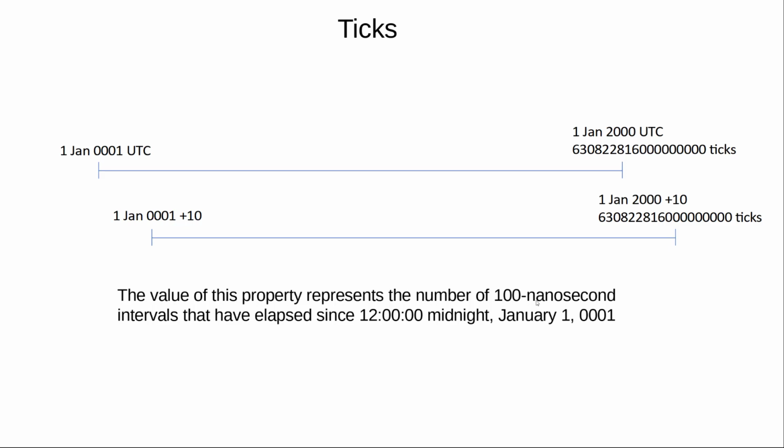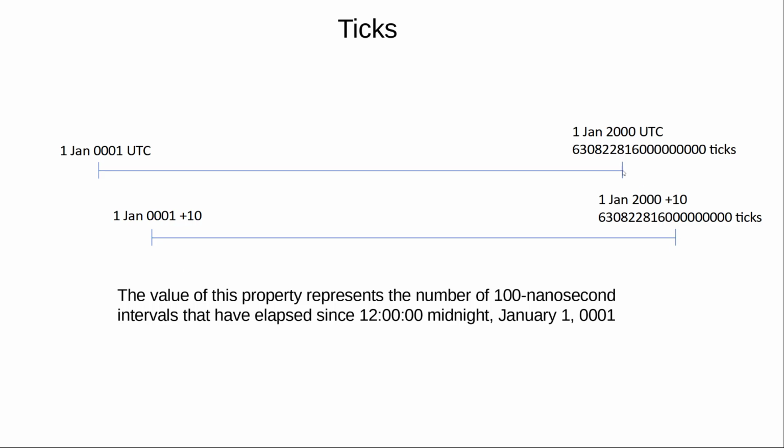The value of this property, ticks, represents the number of 100 nanosecond intervals that have elapsed since midnight, January 1, 0001. If you read the documentation further, what that actually says is that the two starting points are different. So it depends what time zone you're in as to when 1 January 0001 is.